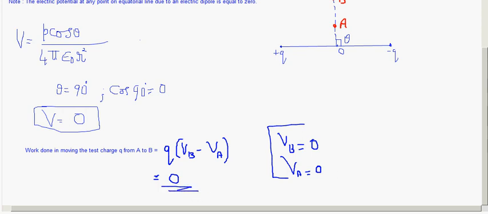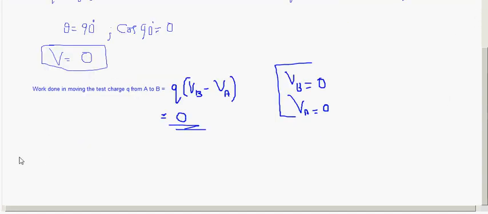So no work is done in moving a test charge q along the equatorial line of an electric dipole.